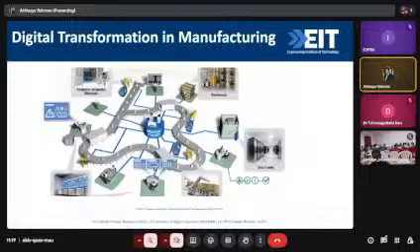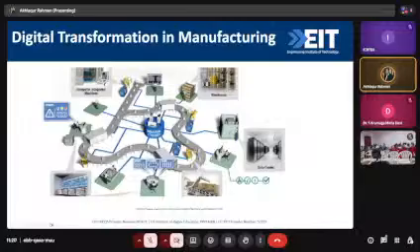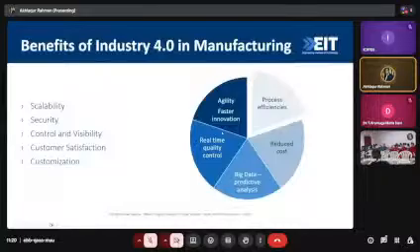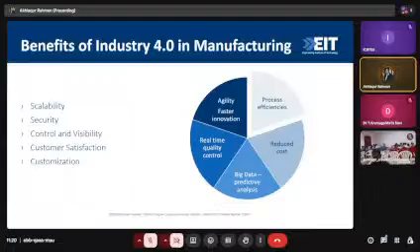Now, why I'm talking about this is just so you can get a bit of context about what the current context is in terms of the industrial revolution. And obviously, I already talked about the role of data science in it. The benefits here, as you can see, are more scalability, more secure operations, more control and visibility, and the digital twin helps.